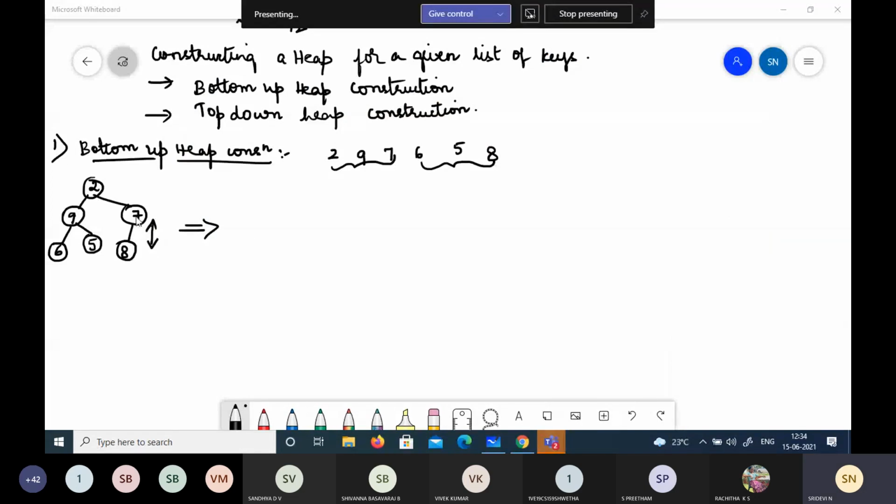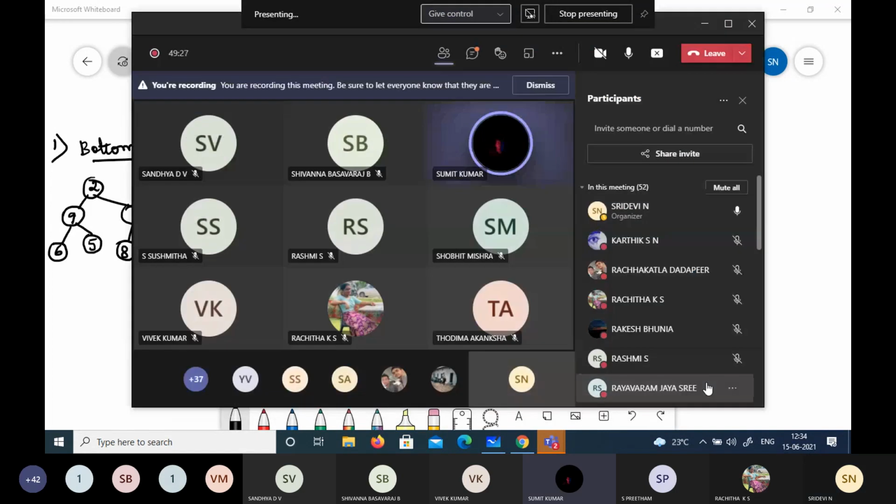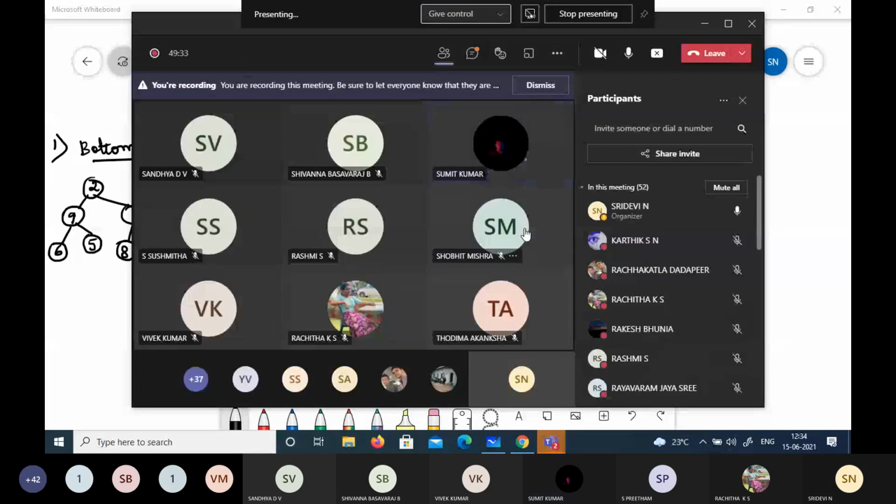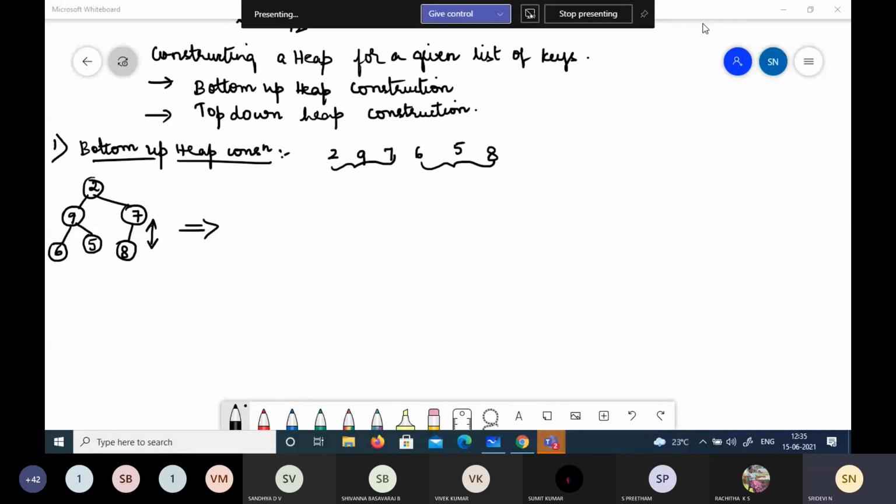Okay? So once you find that, you should compare with both the children nodes. If there was one more node, we would have compared with both. So if you have a parent, you check and exchange with the greater child.